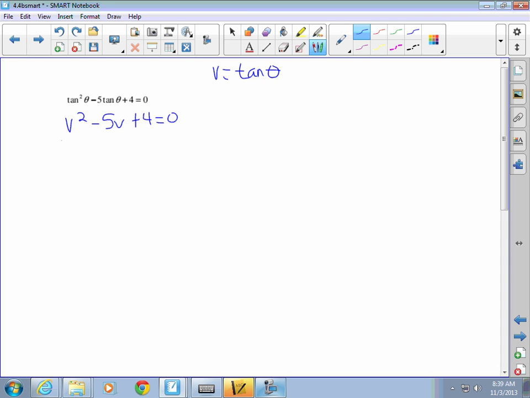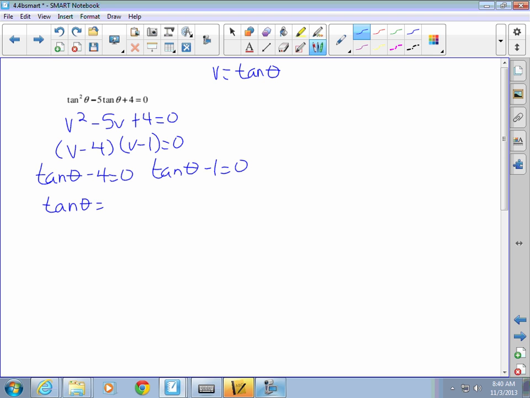I have a positive product and a negative sum, so that's going to be v minus 4 and v minus 1 equals 0. So substitute in: tangent theta minus 4 is equal to 0, tangent theta minus 1 is equal to 0. So tangent theta is equal to 4.